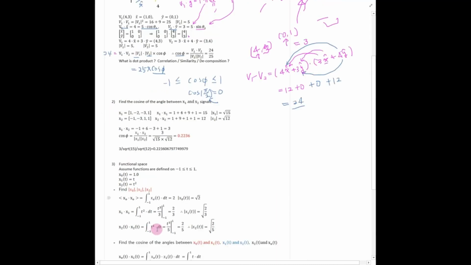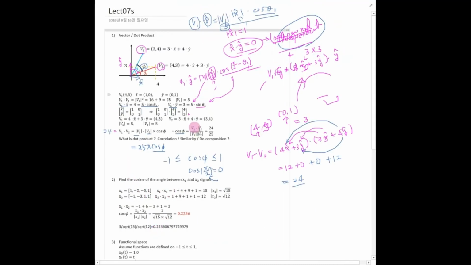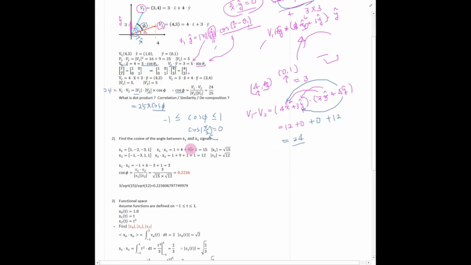This is the functional dot product. We defined what the dot product is. Starting from the vector space, we defined the dot product of vectors, and then we calculated the dot product between two different discrete sequences, x1 and x2, and interpreted the meaning of that, using the same definition of the dot product of the vector space.